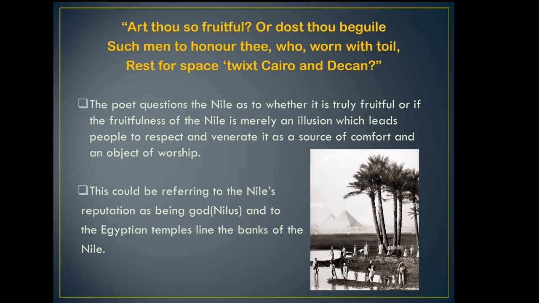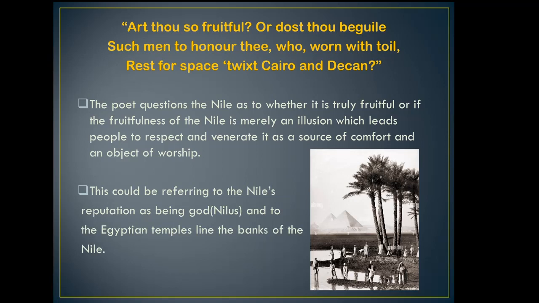Art thou so fruitful, or dost thou beguile such men to honour thee who worn with toil rest for space twixt Cairo and Deccan? Here the poet starts to question the Nile. However, the octave is not over yet.